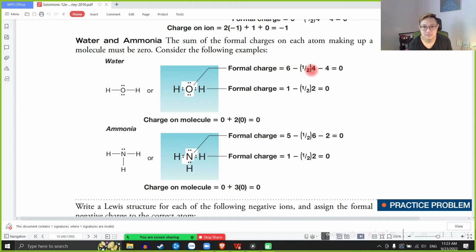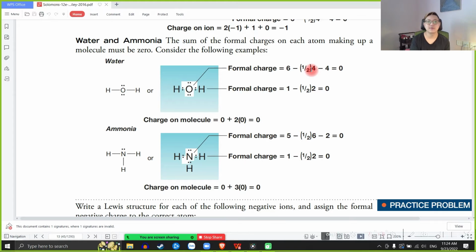So the total is 0. And for hydrogen, it just has 1 valence electron, but it has 2 shared electrons and no unshared. So it will be 1 minus half of 2, which is 0. So totally there's no charge for the molecule, it's 0.